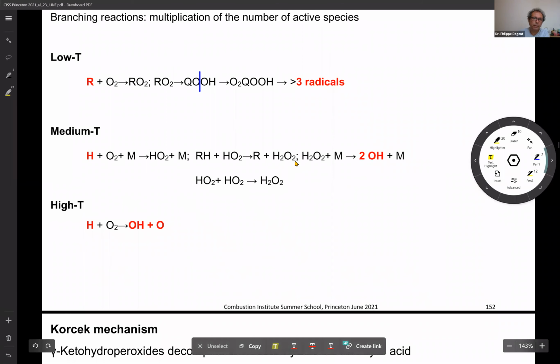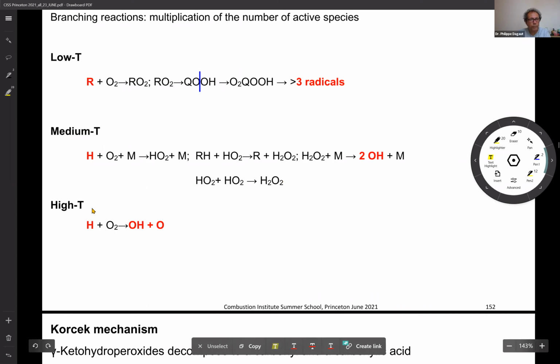H2O2 will accumulate until about 800 Kelvin, temperature at which it starts to decompose and produce two OH radicals. And in parallel to this reaction, we have also the self-reactions of HO2 giving H2O2.